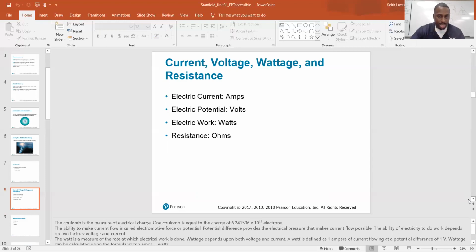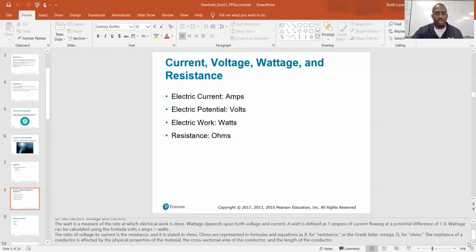The ability to make current flow is called electromotive force or potential. Potential difference provides the electrical pressure that makes current flow possible. The ability of electricity to do work depends on two factors: voltage and current.